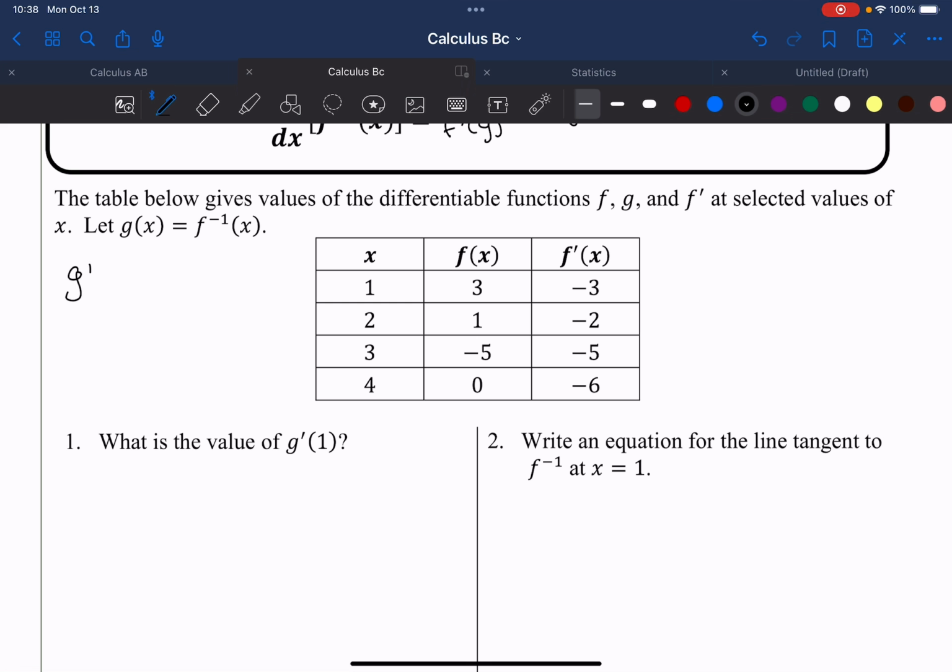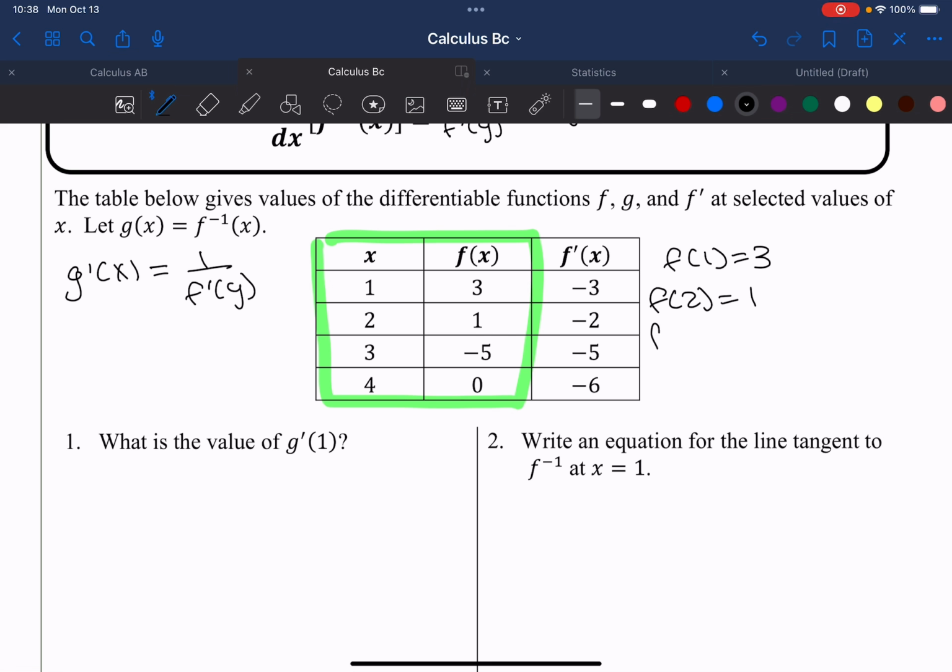So in the example below, it says let g of x equal f inverse of x. So we know that the derivative g prime of x is equal to 1 over f prime of y based off the definition. Looking at the table, we're able to identify what f of 1, f of 2, f of 3, and f of 4 are. So f of 1 is equal to 3, f of 2 is equal to 1, f of 3 is equal to negative 5, and f of 4 is equal to 0.